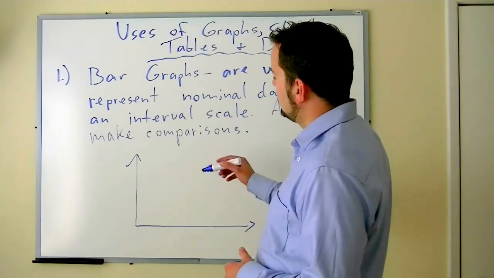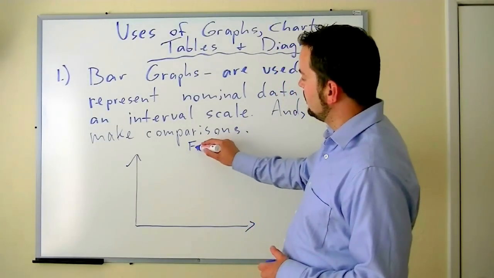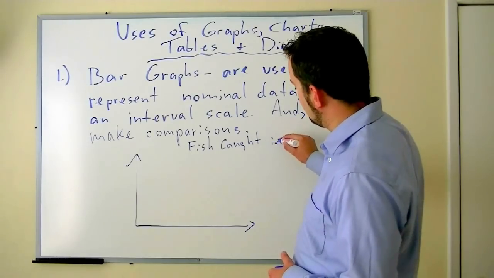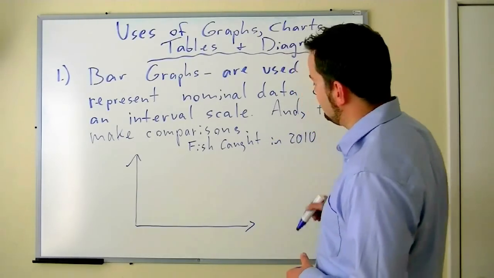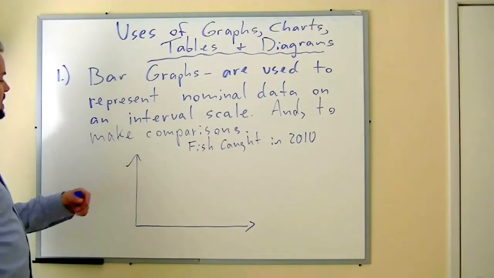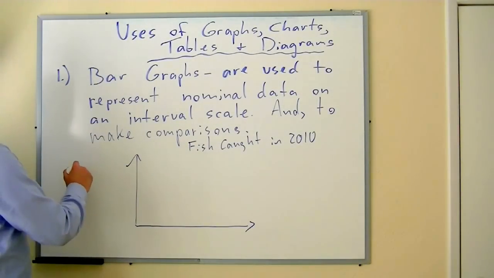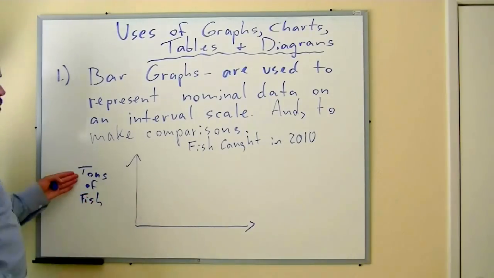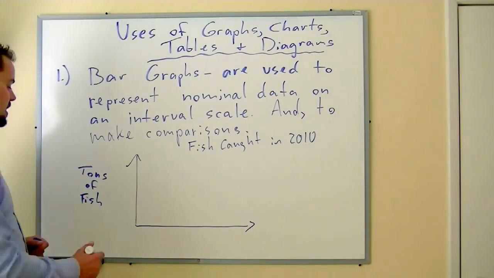Let's say we're talking about fish caught in 2010. On the y-axis, we might have tons of fish. 1 ton is 1,000 kilograms.